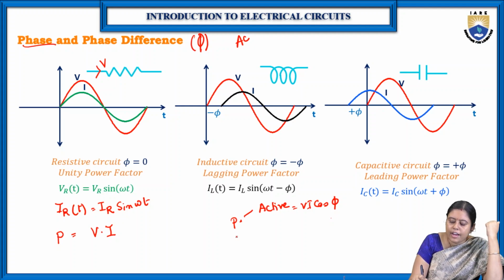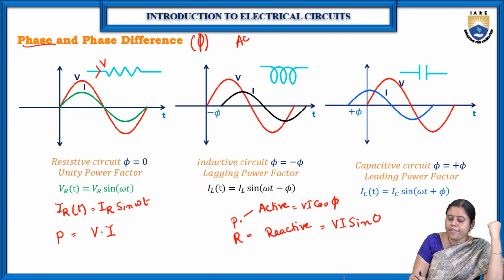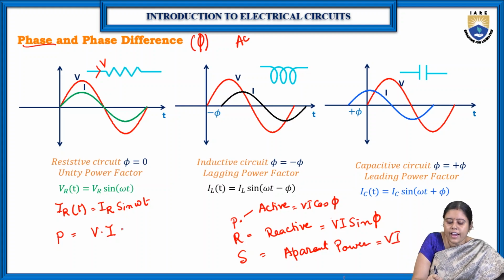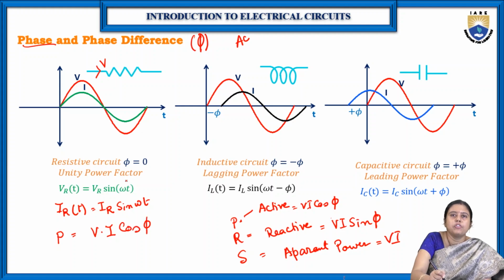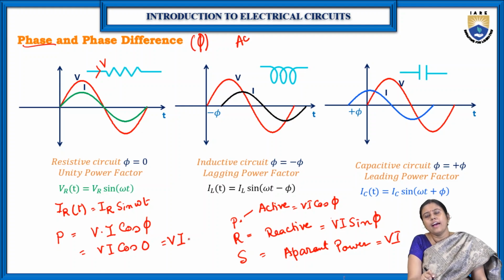Then the reactive power, VI sin phi, and then the apparent power, which is equal to V into I. So if we write VI cos phi and the angle between voltage and current is 0, we can write VI cos 0, which is equal to VI.